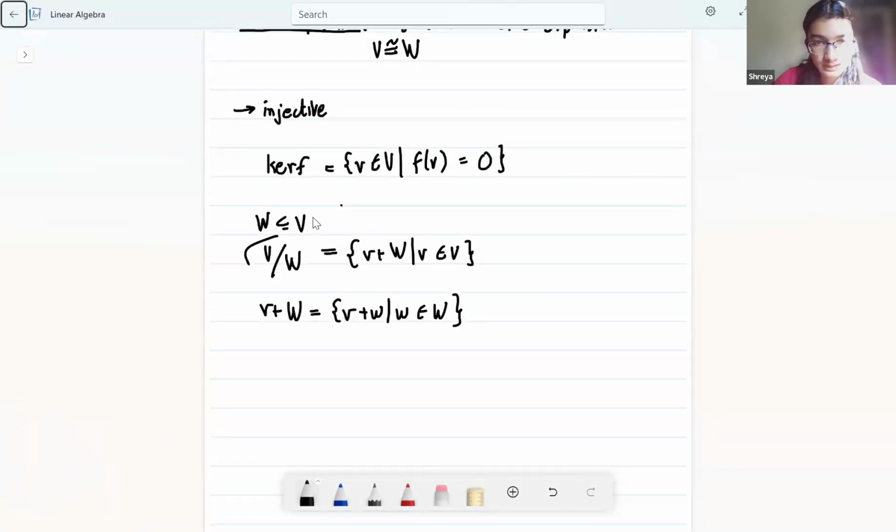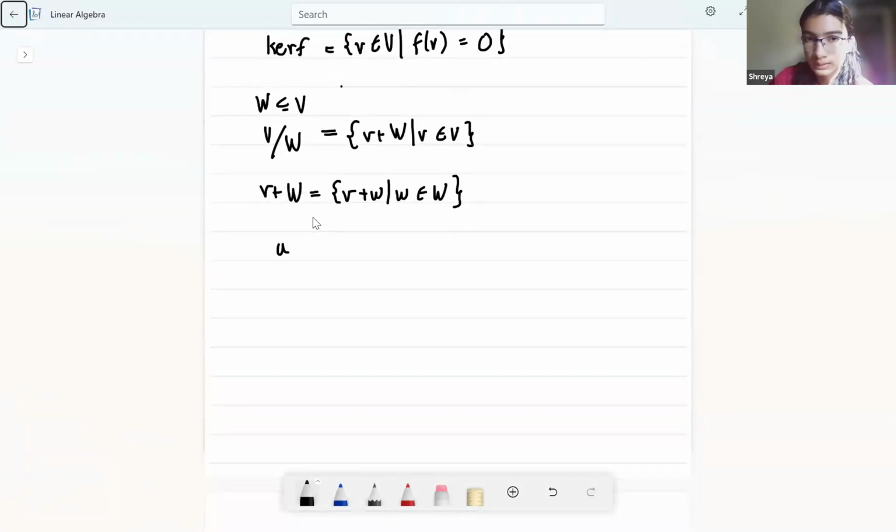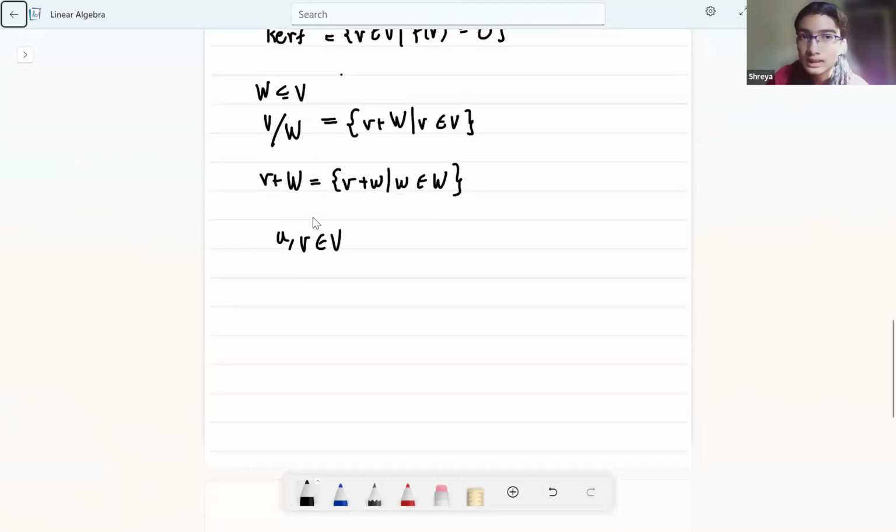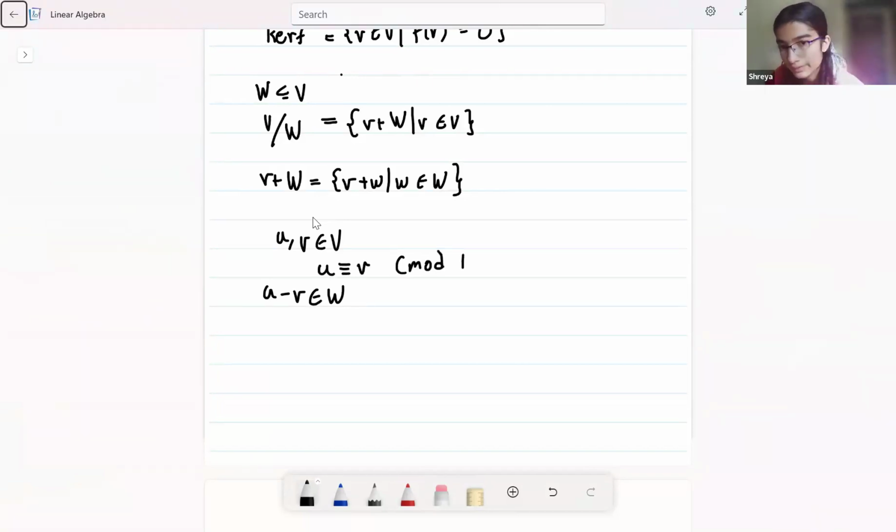So what this definition achieves is that if you have two elements, u and v, and the difference is in W, so in some vague notion, you want to say that u is congruent to v, like mod W, whatever that means.